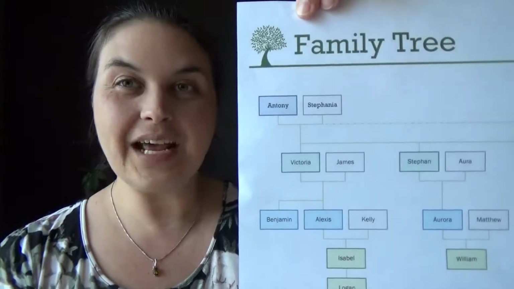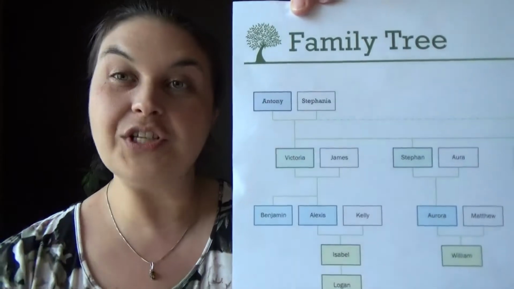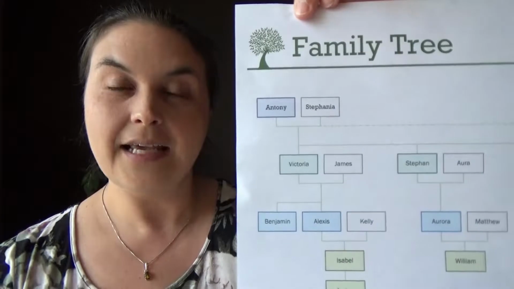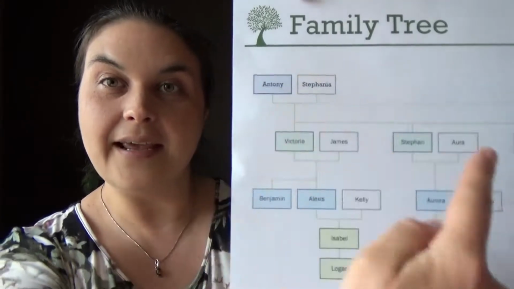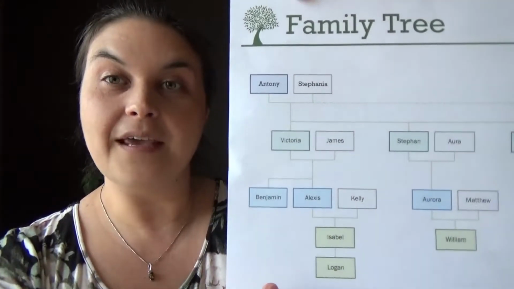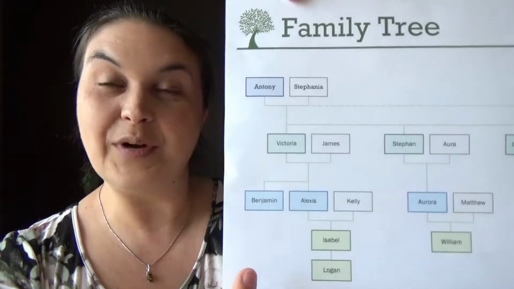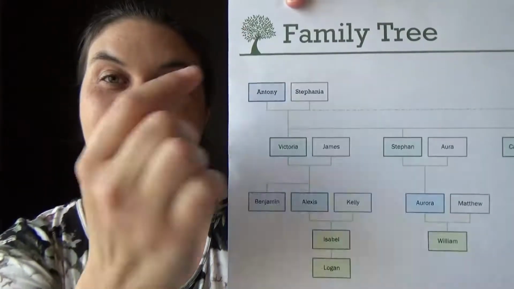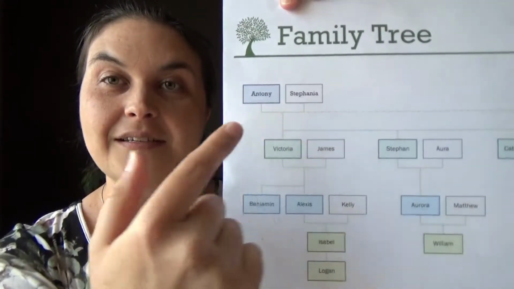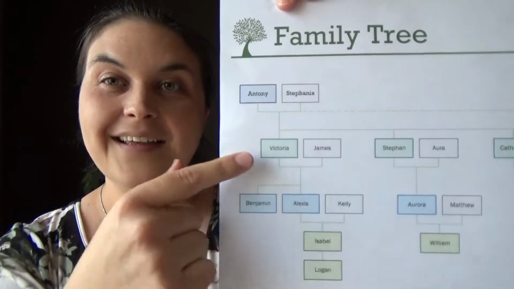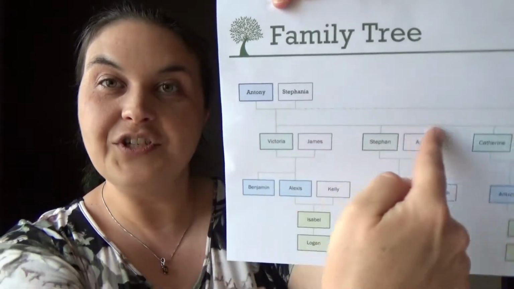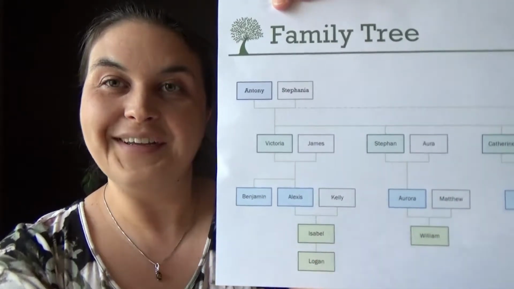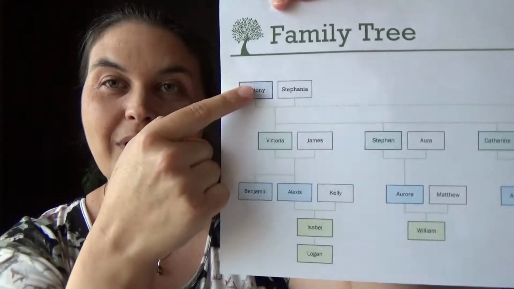So I had mentioned that I was going to show you our family tree once you click that Create Family Tree button in the Excel spreadsheet. It will automatically generate a chart for you based on the information you put into the spreadsheet. So this is our chart here that we filled out earlier. So this is the grandparents, Anthony and Stefania. This is the first generation of children. This is the second generation of children, and this is the third. So this is my grandparents, or my mom's parents.